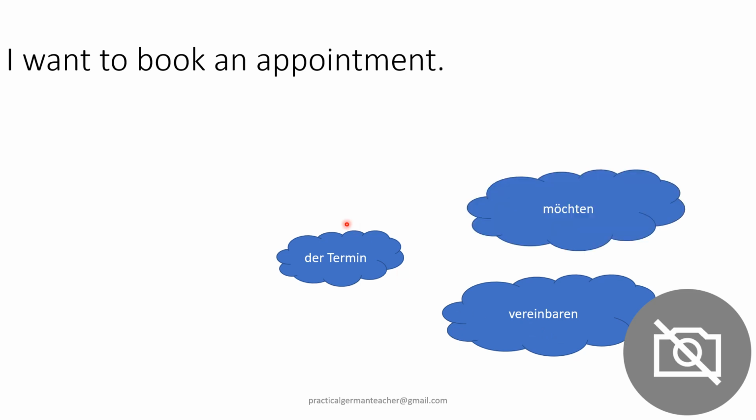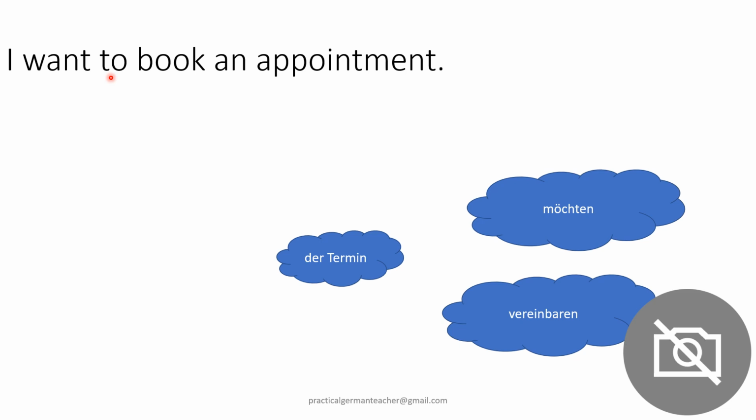Then you need to use a modal verb to express this strong wish. Technically, the correct one is wollen, a modal verb. But as I said, quite often you don't use it because that's too strong, and we use the slightly lighter version, and that is möchten.